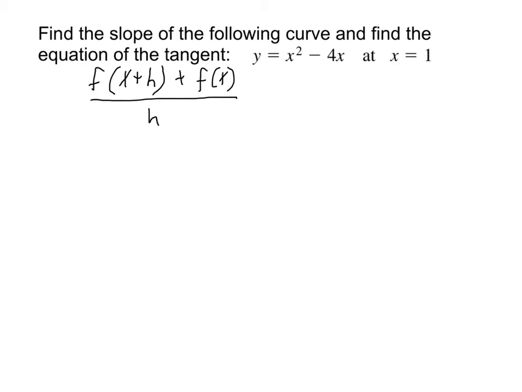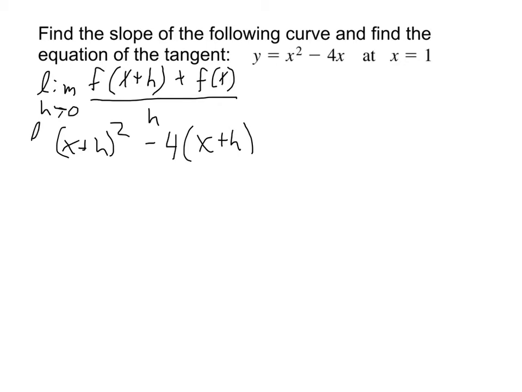So let's try x plus h squared minus 4 times x plus h. By the way, we're finding the limit as h goes to 0.